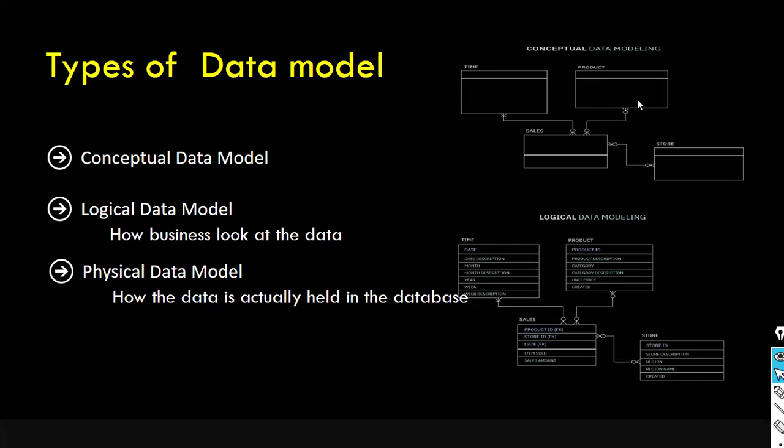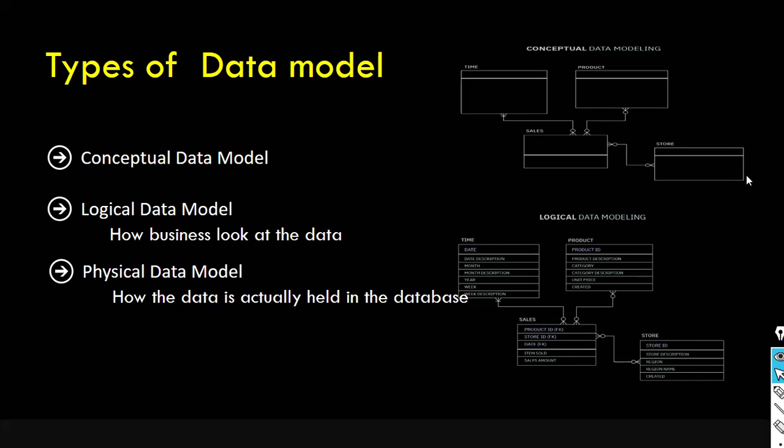The conceptual data model is the one we come up with initially when we conduct a workshop or initiate a discussion with each department or line of business stakeholders. As part of that, we get to know at a high level what entities are required, how they interact with each other, and what relationships exist between those tables. That will help you to understand at a high level.